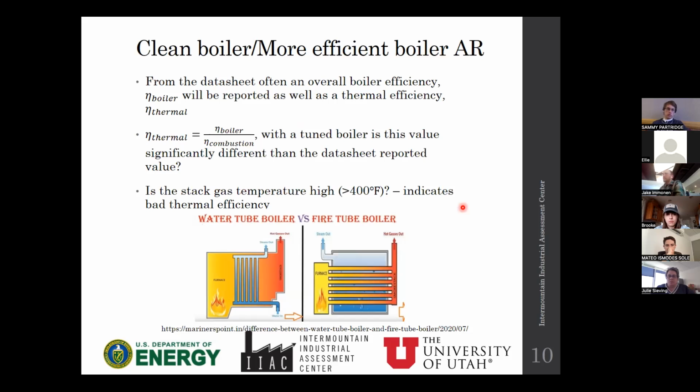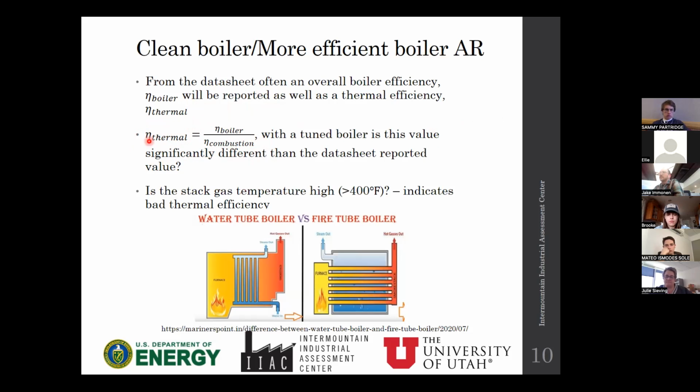Okay, so then the other two things from our flue gas analyzer measurements. I think one of them that we could maybe suggest is to clean the boiler. If we have known efficiency of our boiler from the data sheet or what it should be, and then we measured a high combustion value, so the boiler's tuned, they have a high combustion efficiency, we know what their boiler efficiency should be, and then we can calculate this thermal efficiency.